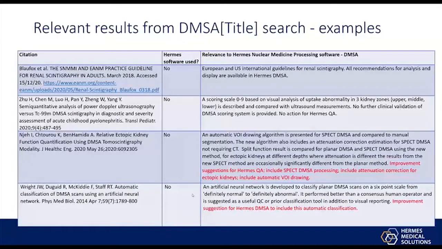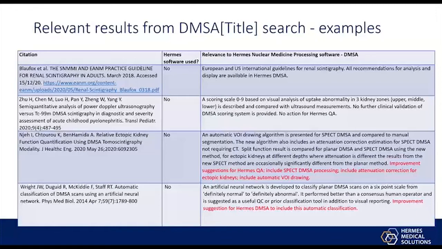Okay, so here's some examples from my DMSA write-up from the clinical report. First of all, I've found this joint guidelines publication, and I make sure that, yes, all of the recommendations for analysis and display are available in Hermes DMSA. This next one is that semi-quantitative analysis paper that we saw on the previous page.